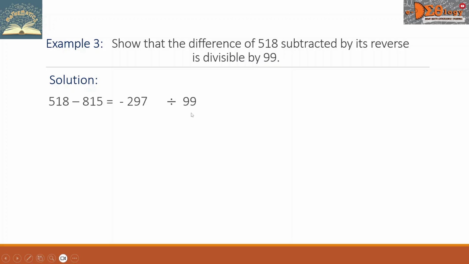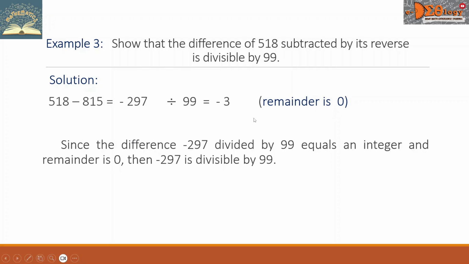When we divide this by 99, the quotient is negative 3. Note that the remainder is 0. Then we conclude, since the difference negative 297 divided by 99 equals an integer and the remainder is 0, then negative 297 is divisible by 99.